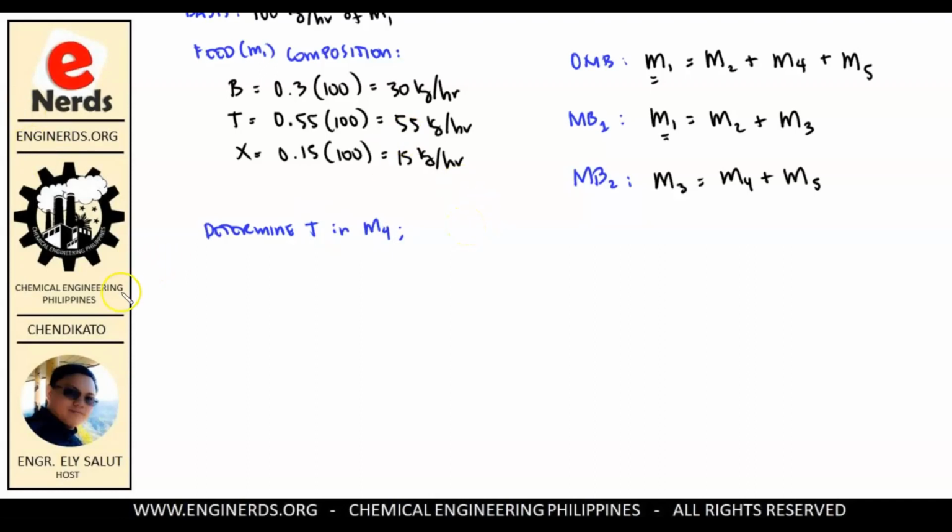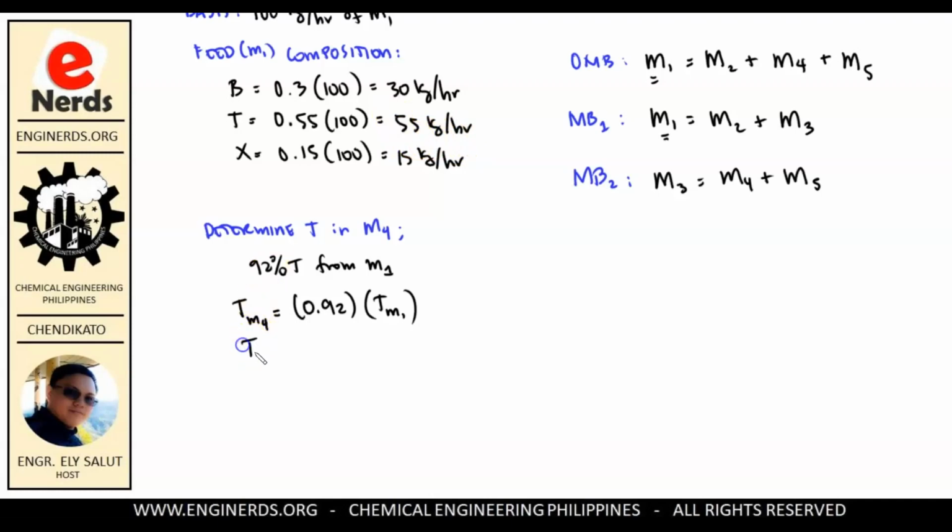In our M4, 92% of toluene from M1 will be produced dito sa ating overhead, which is our M4. Okay? So, that means toluene in M4 is actually equal to 92% of our toluene from M1. Okay? So our toluene from M1 is equal to 55 kilogram per hour.